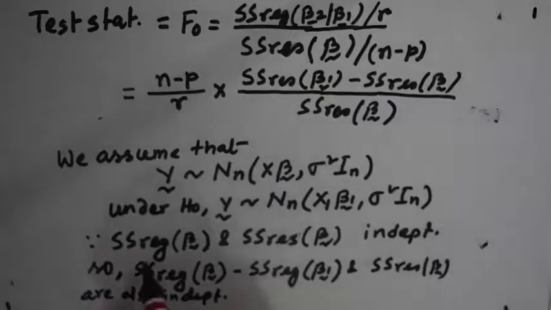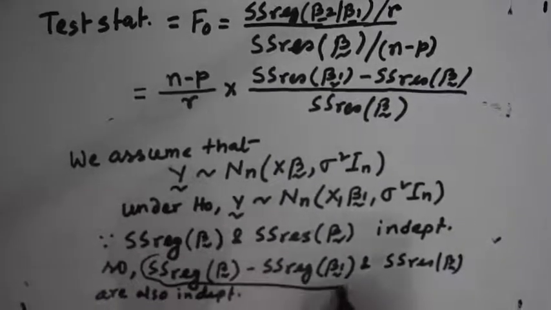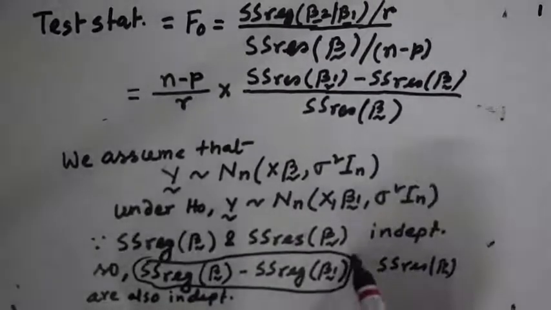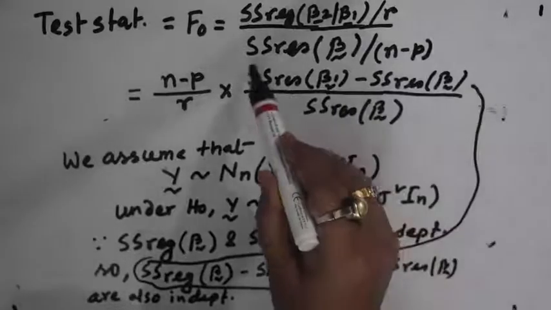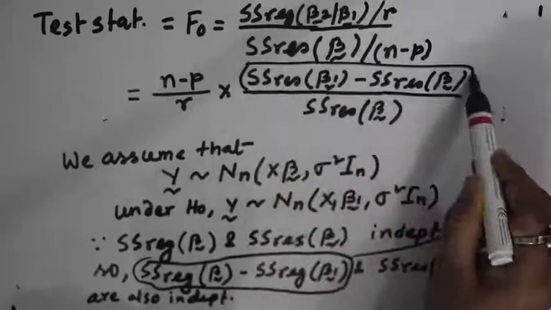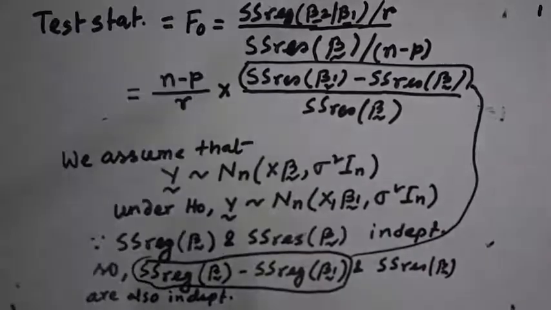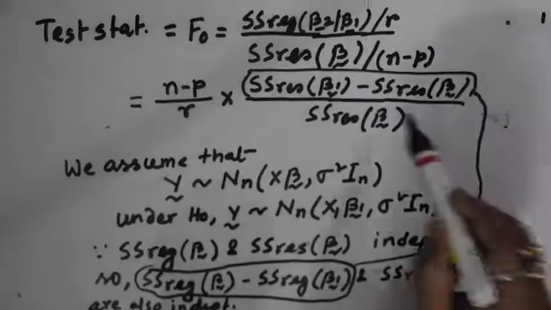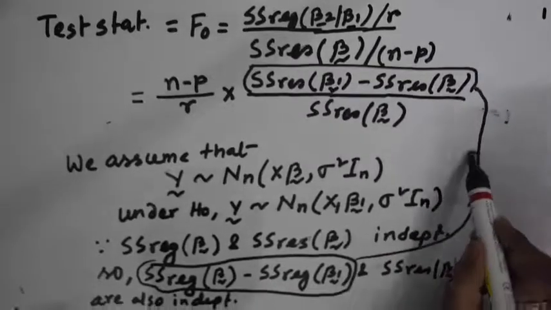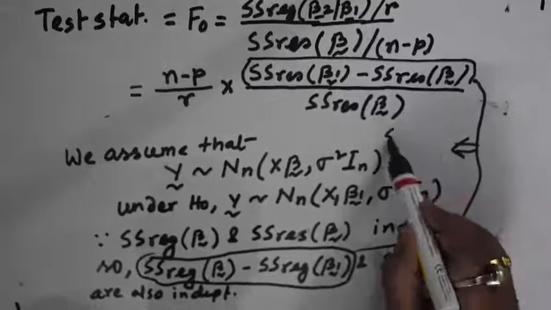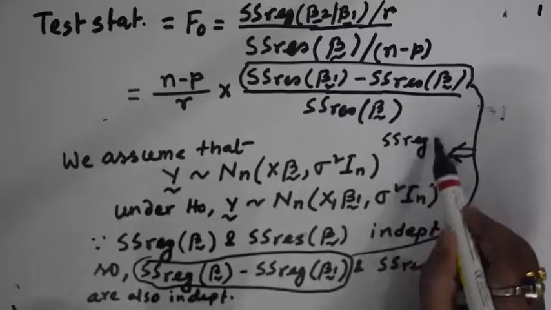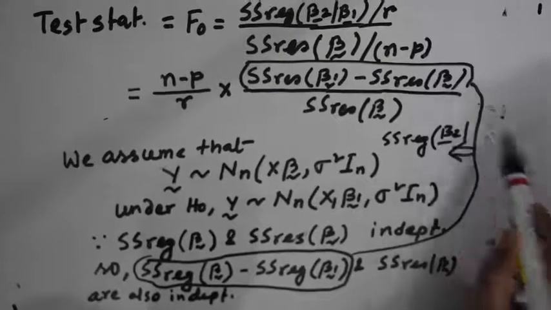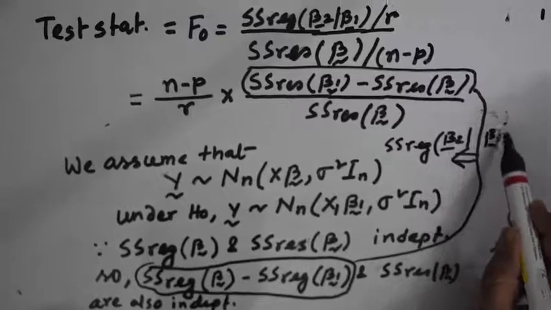Since this portion is the same as this portion, sum of square due to residual beta 1 curl minus sum of square due to residual beta curl, and this is equal to sum of square due to regression beta 2 curl given beta 1 curl.